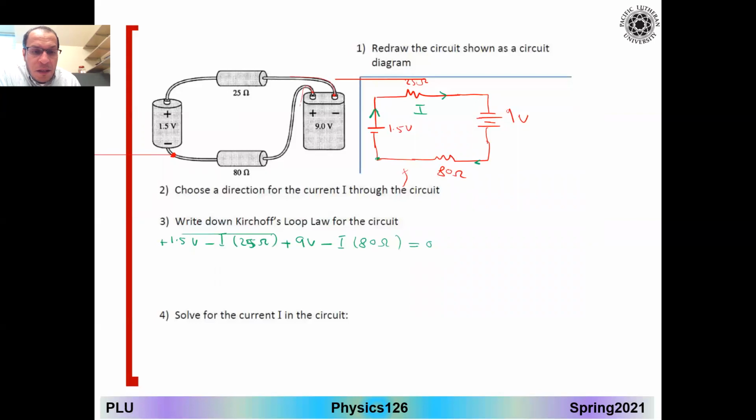Okay, now I add those terms together. What do we have? We have 1.5 and 9, which is 10.5 volt. Here is the minus I, I add 25 and 80, which is 105 ohms, and this equals 0.